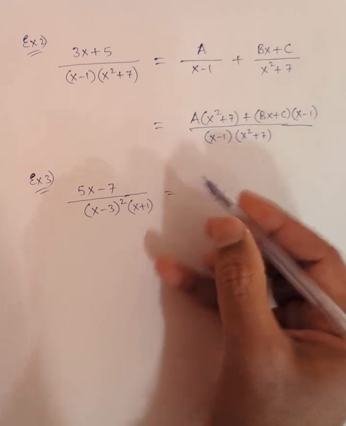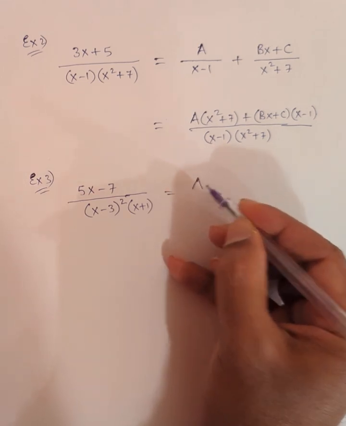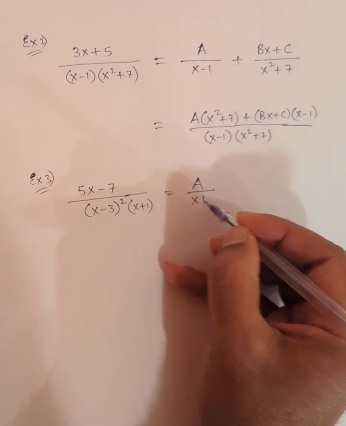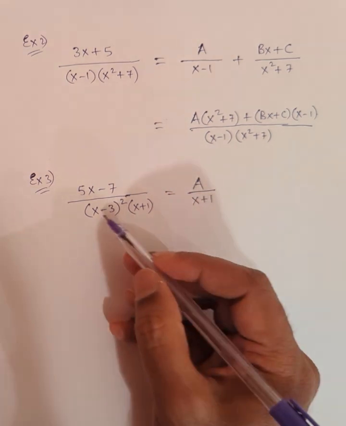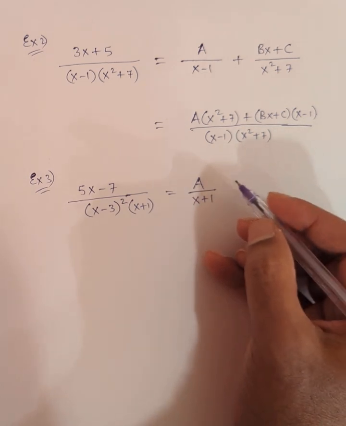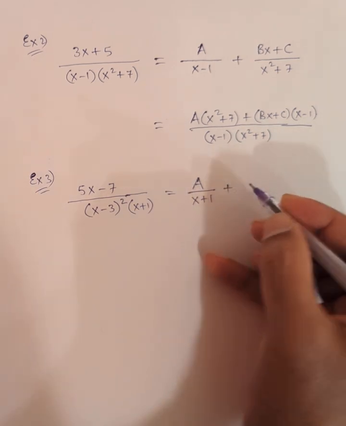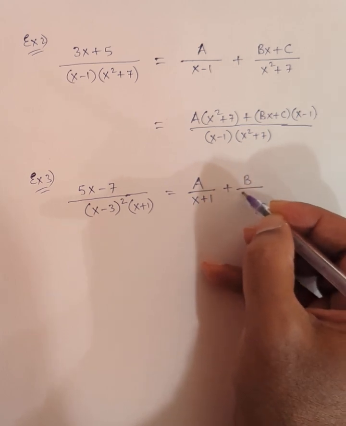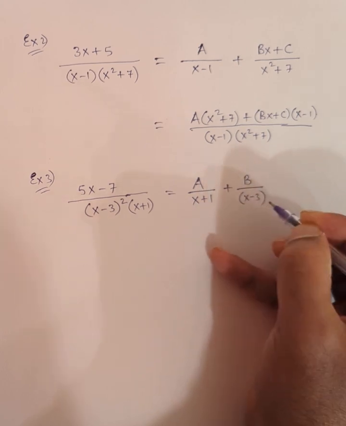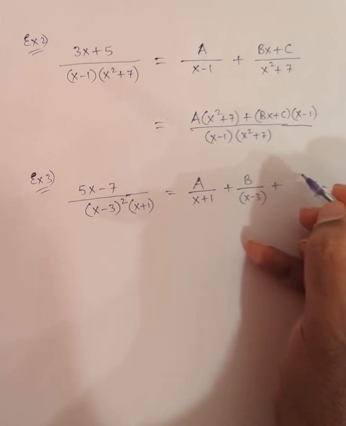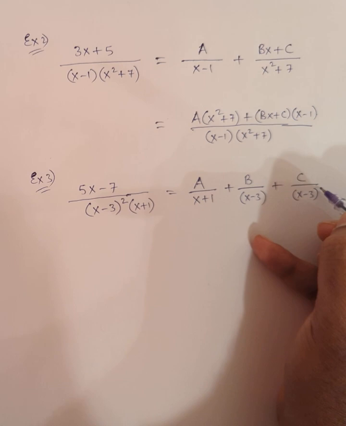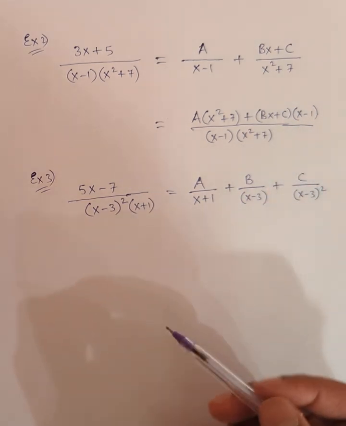So how am I going to take my factors now? I got to take a over x plus 1, and this one, x minus 3 quantity squared, I could have gotten it from two separate fractions. I could take b over x minus 3, and then I can have a denominator of x minus 3 quantity squared as well.